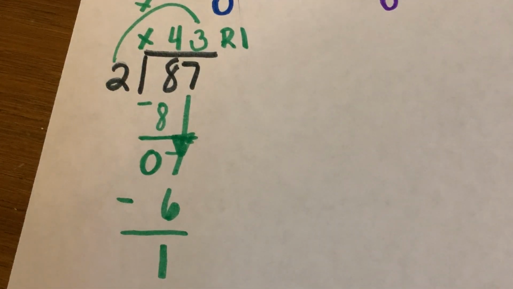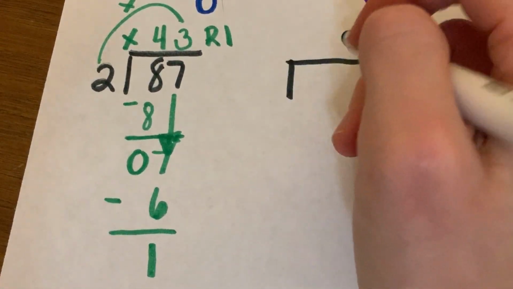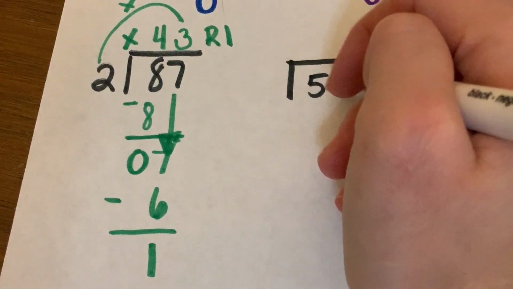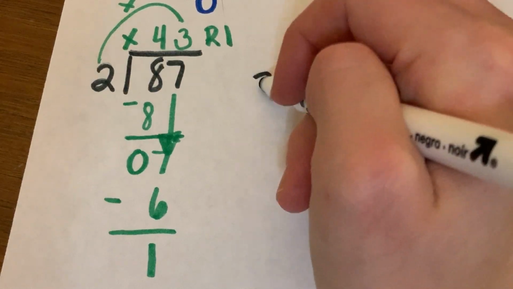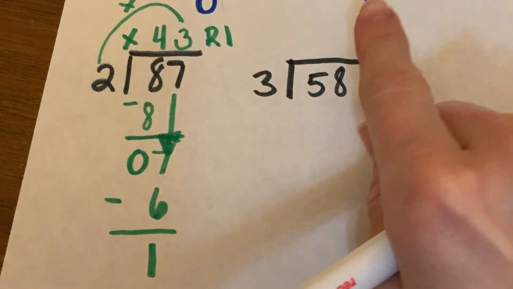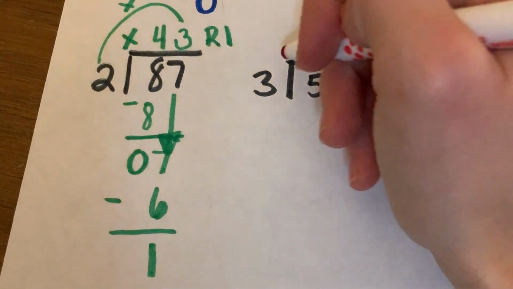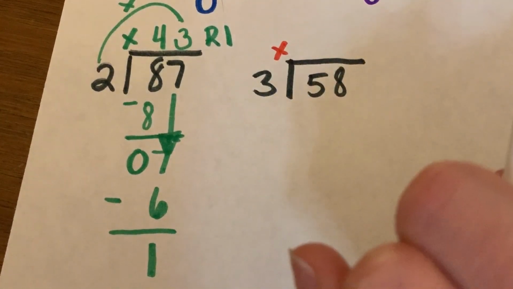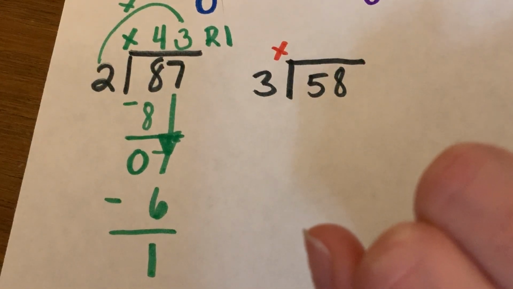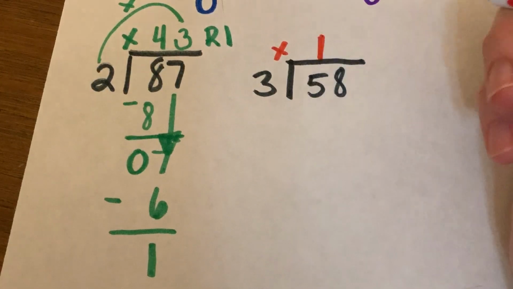All right, so this one I'm leaving the example right here, and I'm going to lead you through step by step on this one. 58 divided by 3. All right, first step, 3 times what gives me 5, or as close to 5 as possible? 3 times 1.